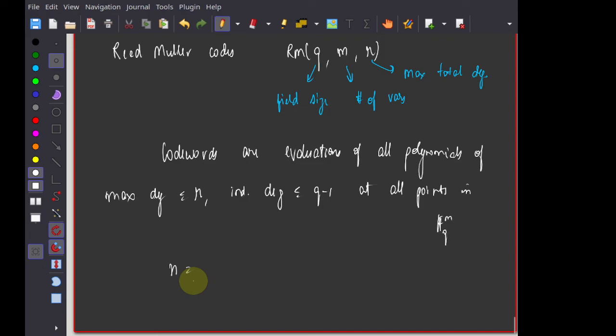There are M variables. Yes. No, max degree is less than or equal to R. So you pick one particular polynomial. How many points are you evaluating this at?